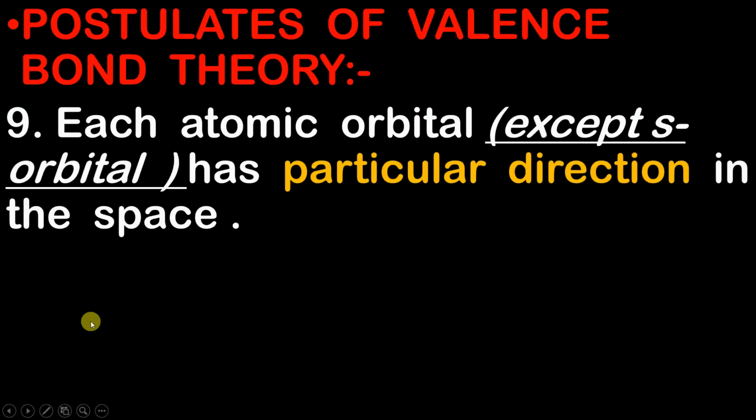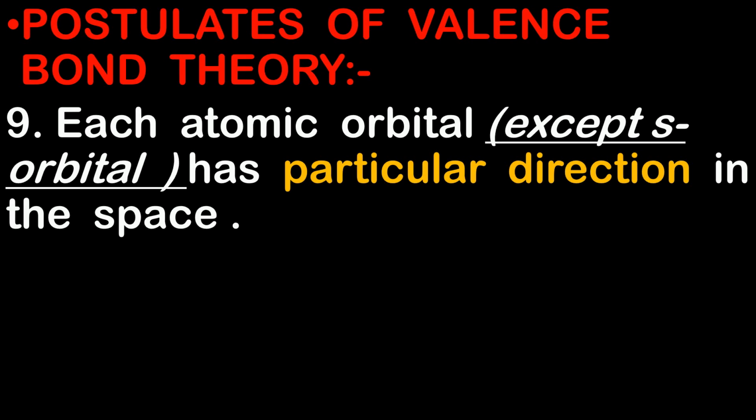Now moving on with the ninth postulate. The ninth postulate tells us that each atomic orbital except for the s orbital has a particular direction in space. Now to understand this point, it is important for you all to know the shapes of orbitals. If you observe the shapes of p orbital and d orbital, what you notice is that they are along a particular axis.